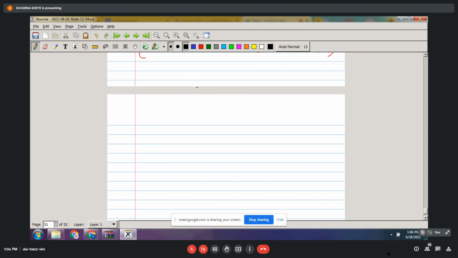In that session only I will cover it, but we will find a resultant of a concurrent space force system. We will not deal with equilibrium of a concurrent space force system, at least in the theory lecture, because that part we are going to cover in our practical session.